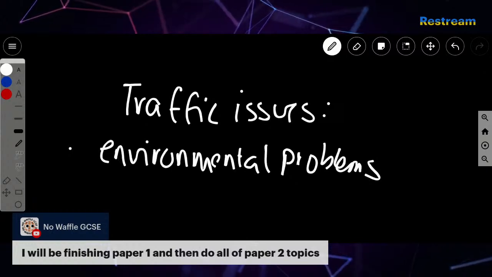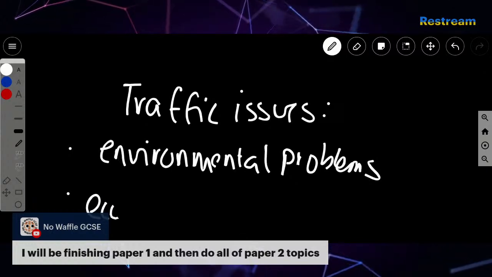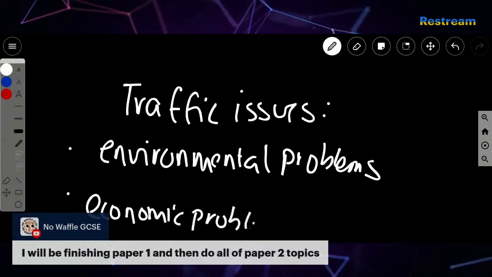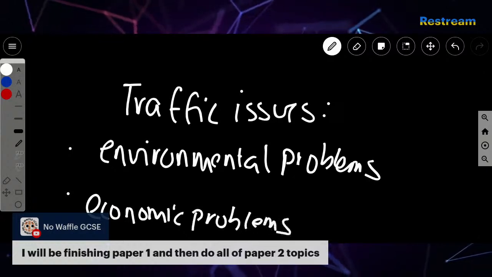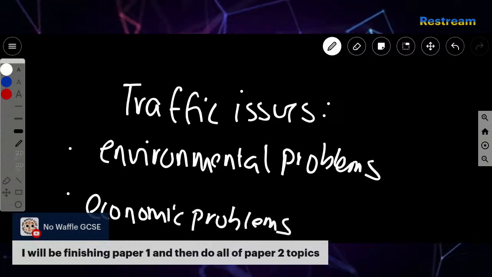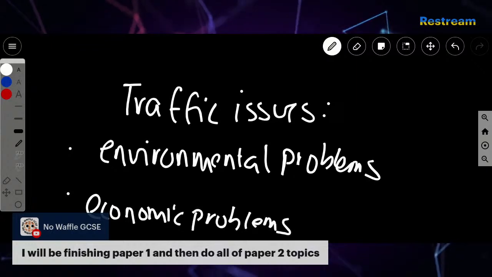Traffic congestion, however, can also create economic problems, such as the fact that congestion can make people late for work. This can then delay things like deliveries, causing companies to lose out on money.